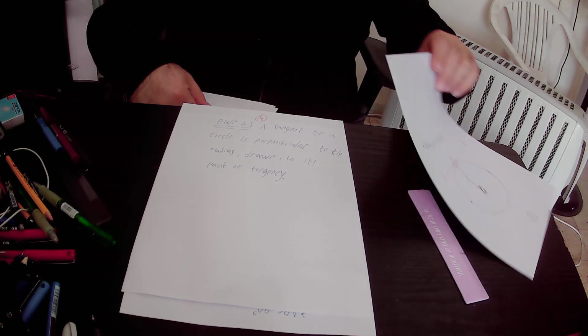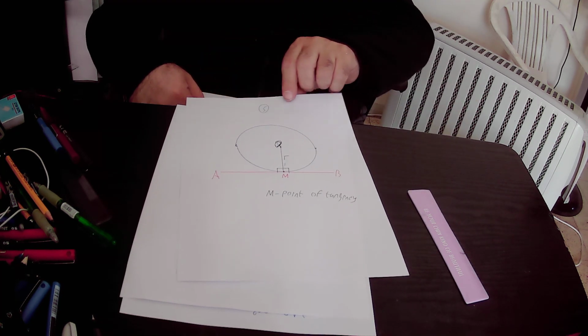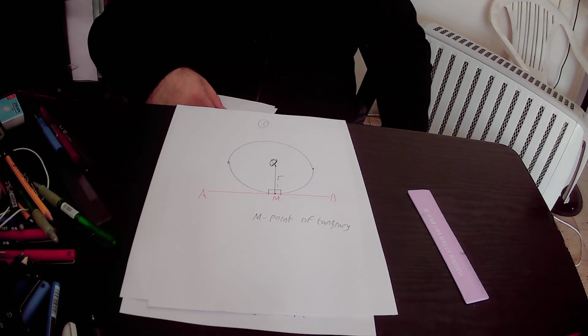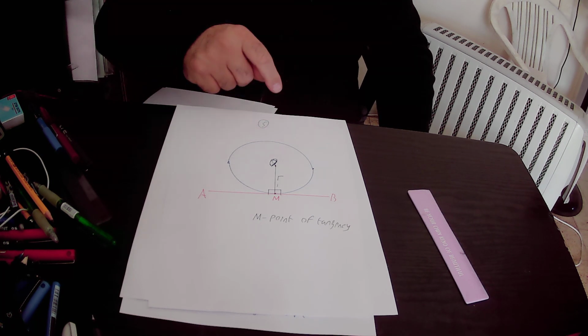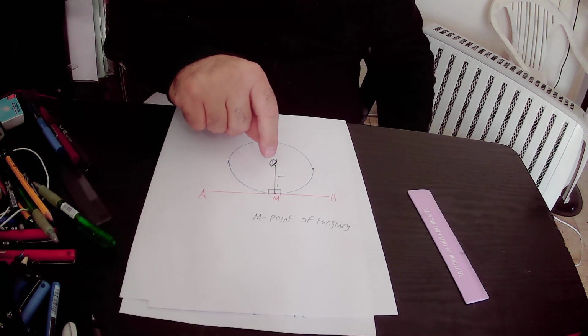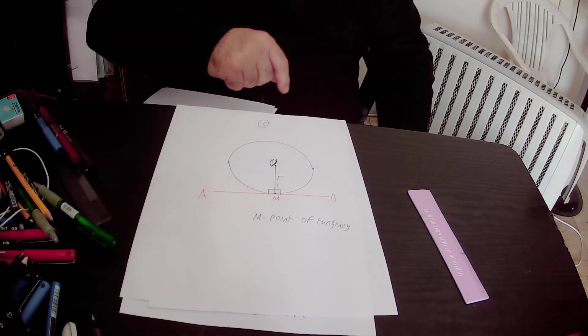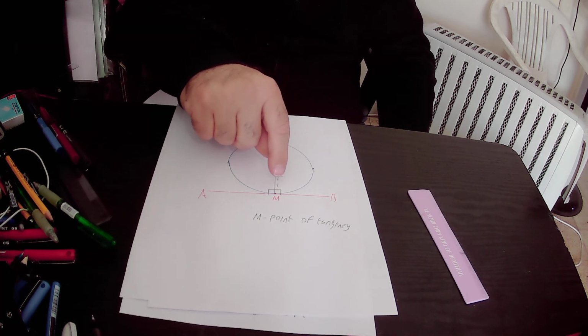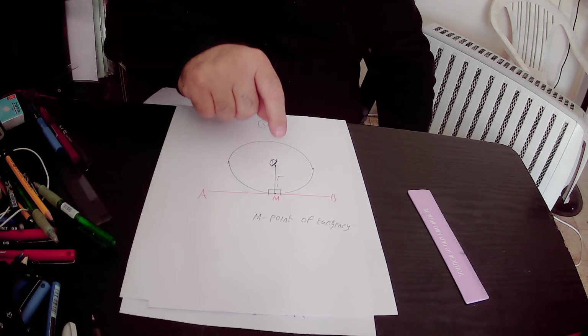The meaning of rule number 2 is that if you have this angle and tangent AB to this circle, the touching point between the circle and tangent AB is at point M. So we have point M, it is the point of tangency, and if we draw from the center of the circle a radius to the point of tangency, like in this drawing, the radius is drawn to the point of tangency, that is to say to point M.